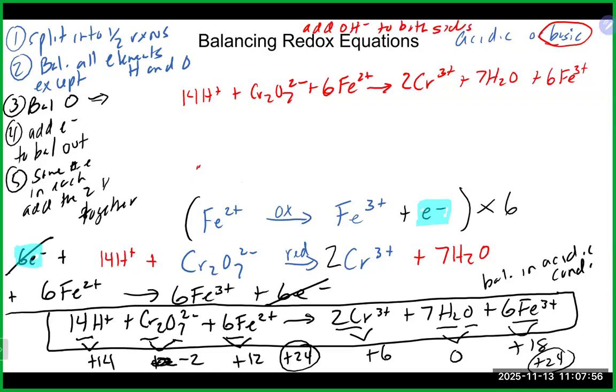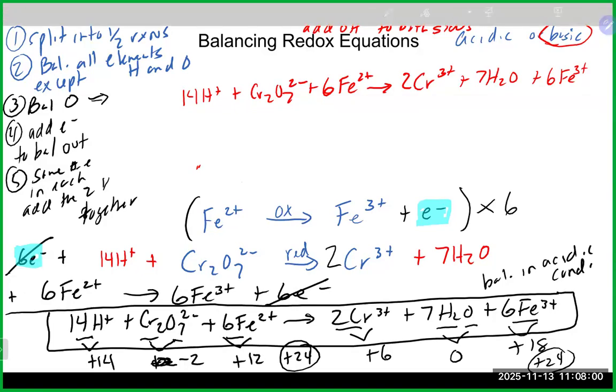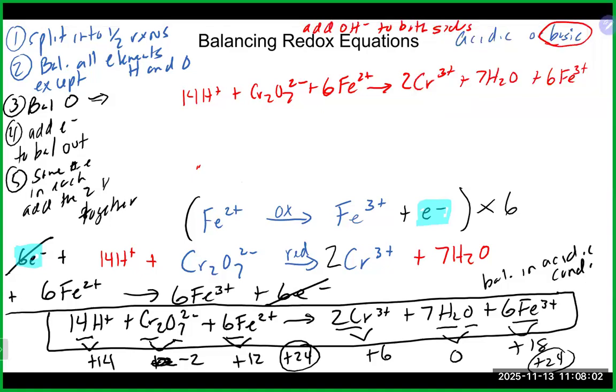So we're going to add some hydroxide to both sides. The amount of hydroxide that we add is going to be equal to the amount of H+. In this particular case, we have 14 H+, that means we would add 14 OH- to the left-hand side. We would also add 14 OH- to the right-hand side. So you add OH- equal to the number of H+ you have.